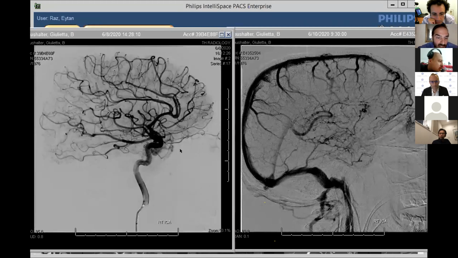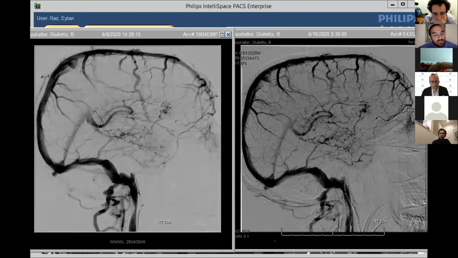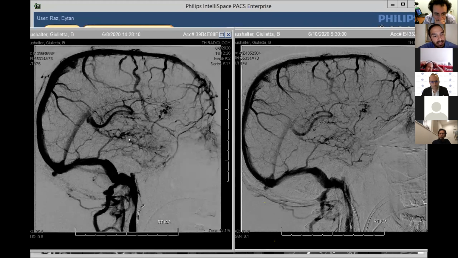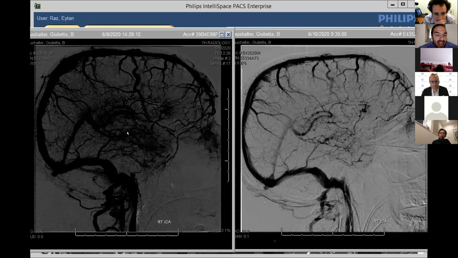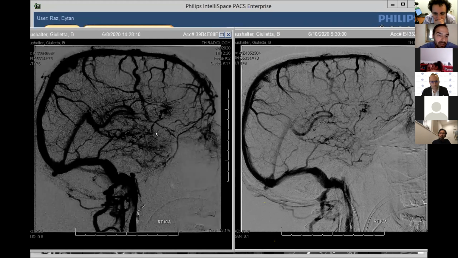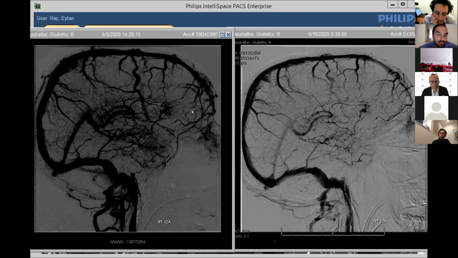So this is the initial angiogram, and you notice here the venous congestion. You see how the veins here are tortuous, congested, some increasing in size, and you see this sort of enhancement that tells us that the brain has a tough time draining in this area, which is exactly in the temporal, insular, inferior frontal lobe.